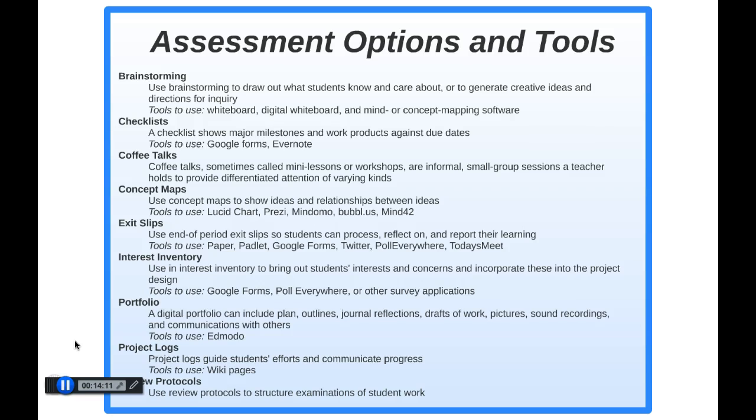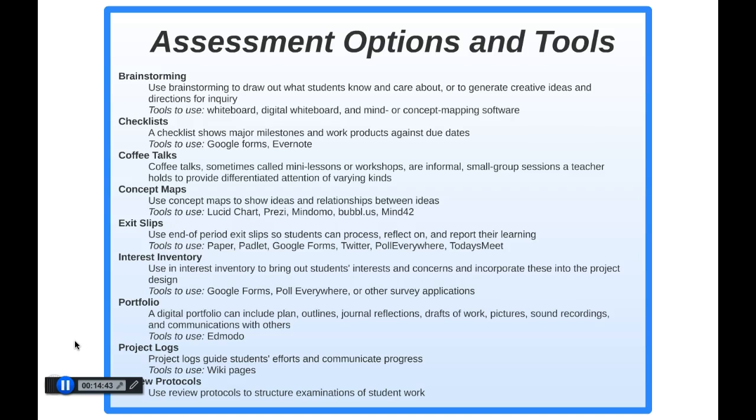Interest inventory. Use an interest inventory to bring out students' interests and concerns and incorporate these ideas into the project design. Tools to use: Google Forms, Poll Everywhere, or other survey applications. Portfolio. A digital portfolio can include plans, outlines, journal reflection, drafts of work, pictures, sound recordings, and communications with others.